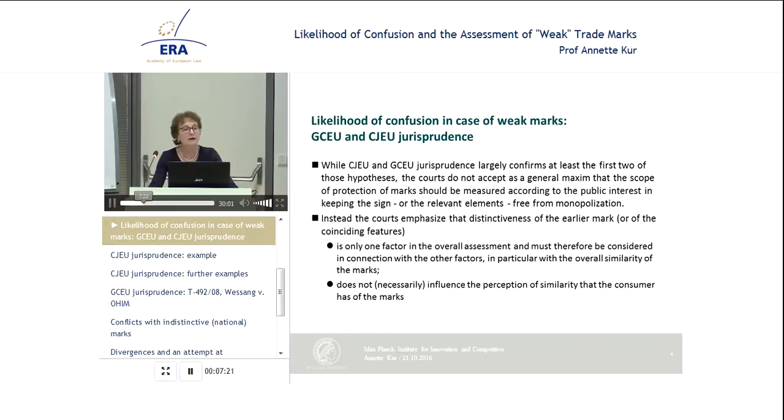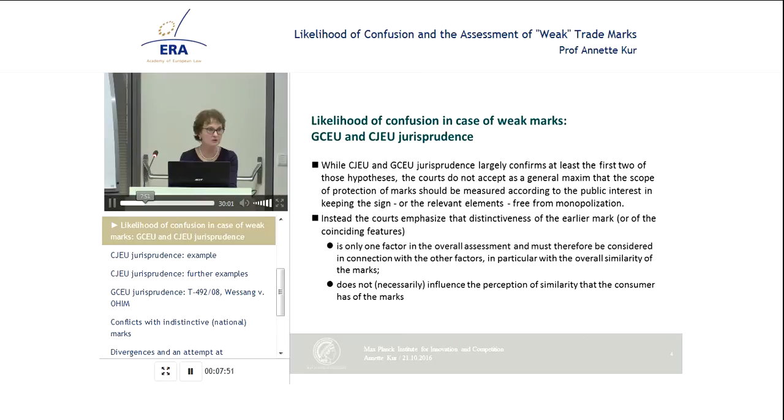First of all, it is pointed out that, after all, the assessment of the degree of distinctiveness, and that includes, of course, also the assessment of whether features are descriptive, is just one element of a very complex exercise. So it should not be sufficient to rule out findings that have been made on the basis of looking into the other elements.